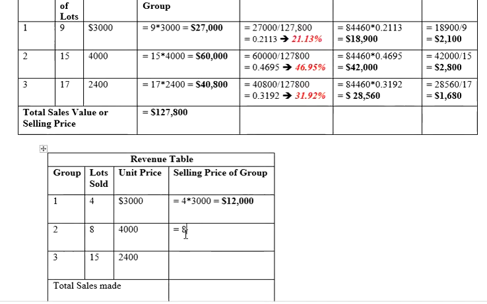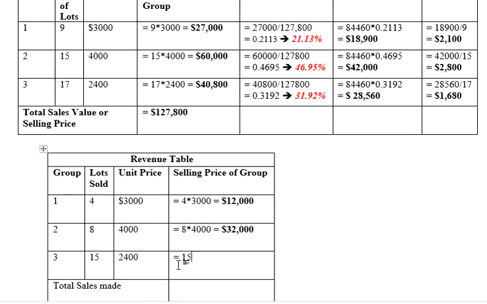Now, how many lots are sold? 8 lots are sold at a unit price of $4,000 each. So 8 into 4,000 will give me $32,000. This is the revenue that I have generated by selling the lots in group number 2.